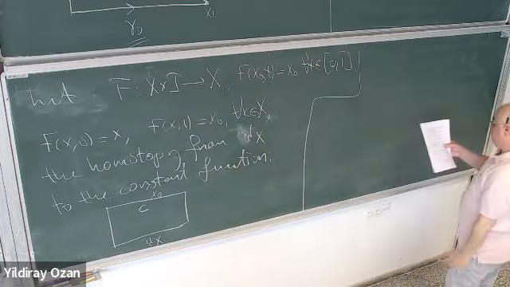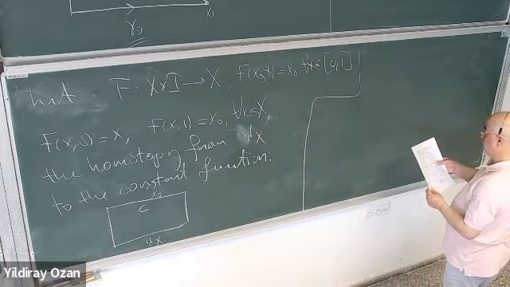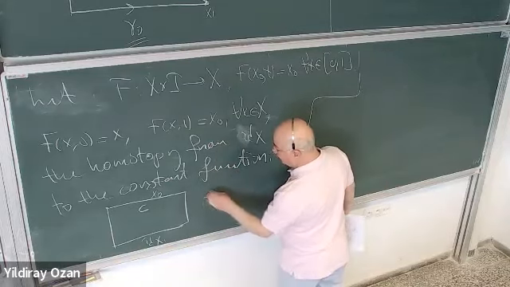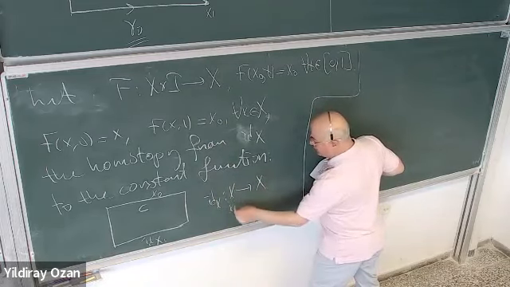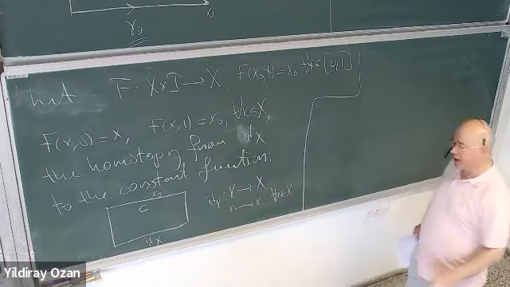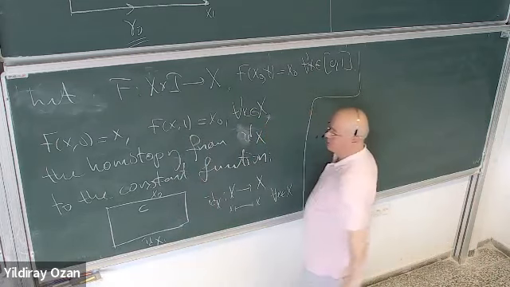Sir, I'm a bit confused about what you mean by the identity path here. Does it mean any arbitrary path or something else? Identity function. So identity of x is the identity function on x, taking x to x for all x. So the identity function is homotopic to the constant function.